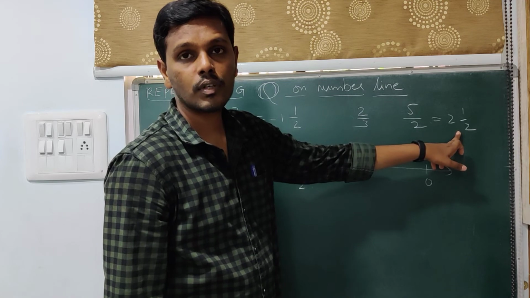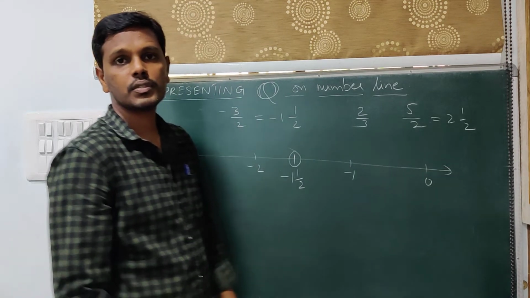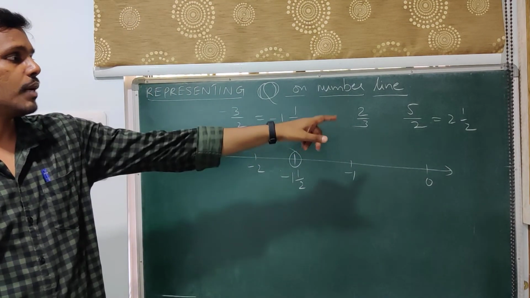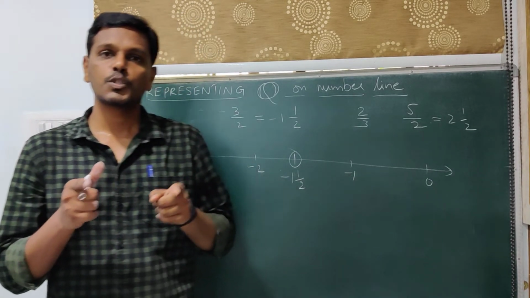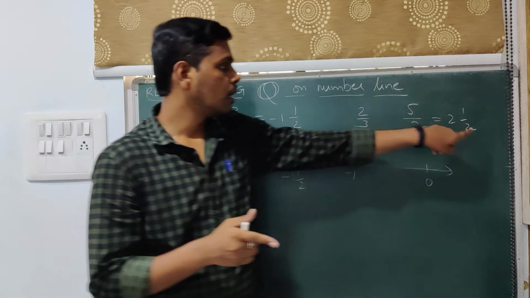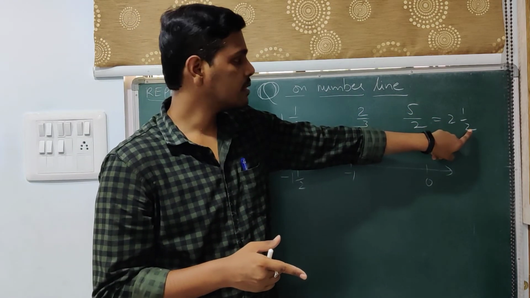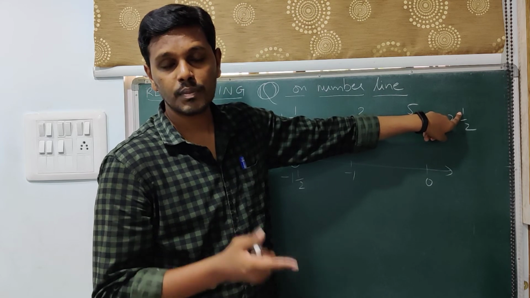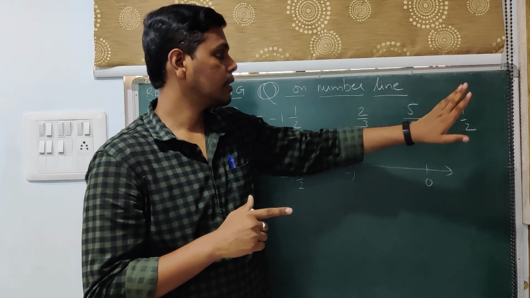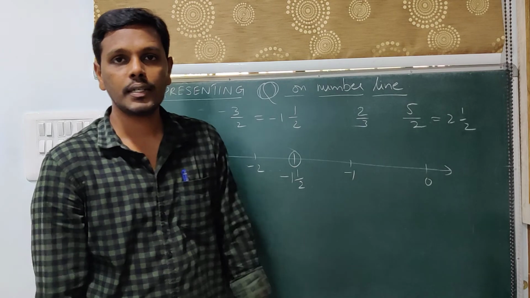So this mixed fraction will give you a fair idea between which two numbers the given number lies. So 5 by 2 lies between 2 and 3. Therefore you need to divide that space between 2 and 3 into 2 equal parts as per the denominator, and consider as many parts as the numerator, and that will holistically give you 5 by 2.